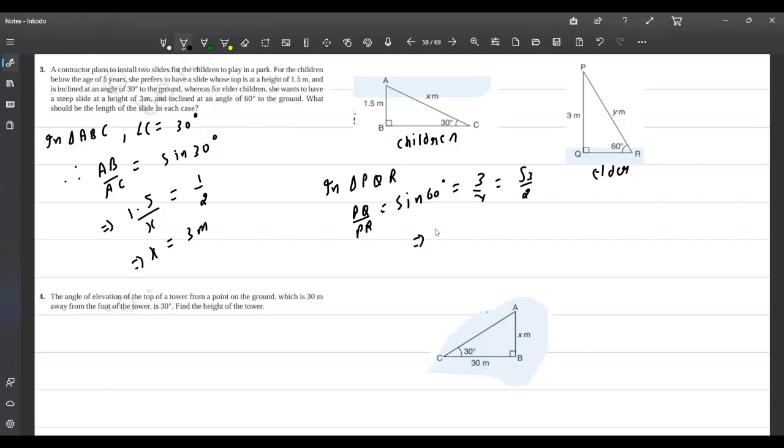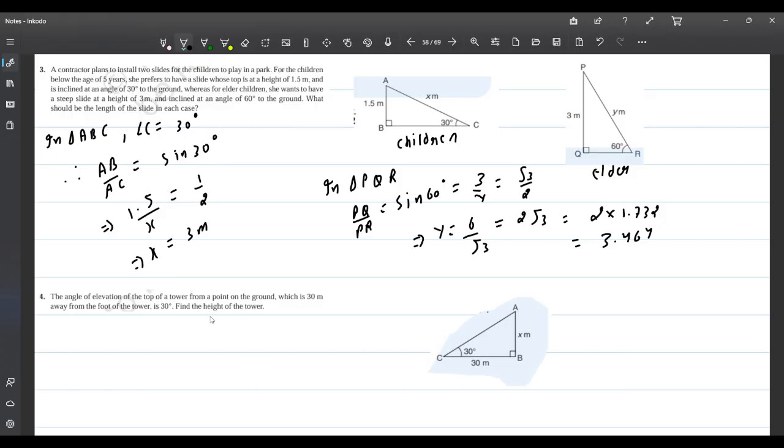So y is equal to 6 upon root 3, and we can write 6 upon root 3 as 2 root 3. So this is equal to 2 into 1.732. Value of root 3 is 1.732. So this is equal to 3.464.